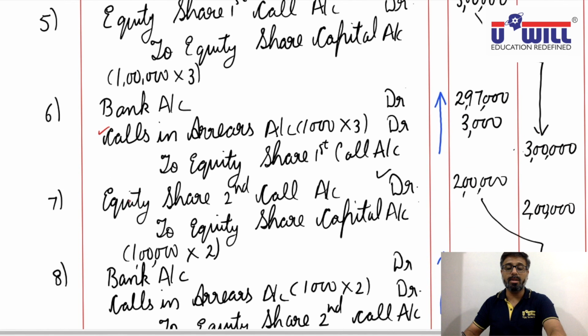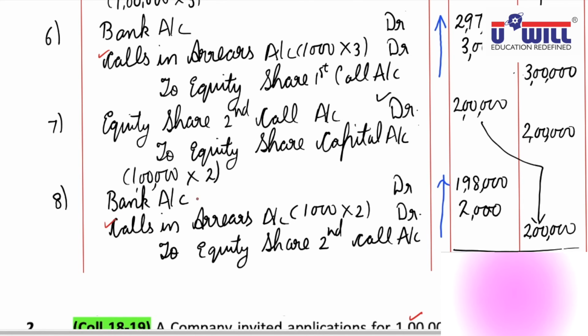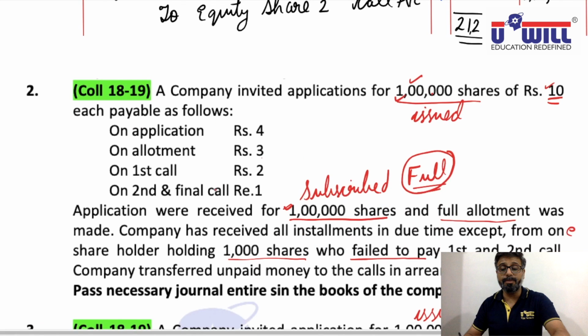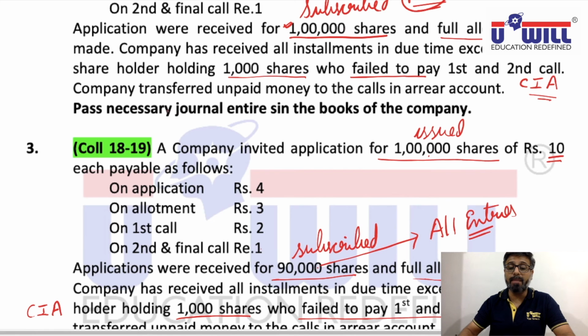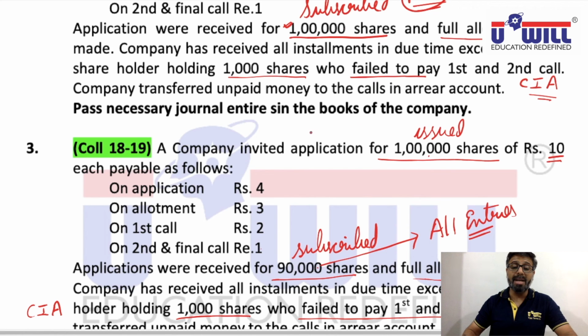Calls in arrears. Okay, there you're putting call. Company transferred unpaid money to the calls in arrears account. Every question will mention this. In all questions, whatever money is not received, we have to transfer it to calls in arrears. Pass necessary journal entries in the books of the company.